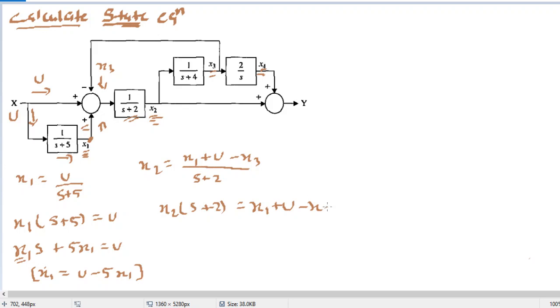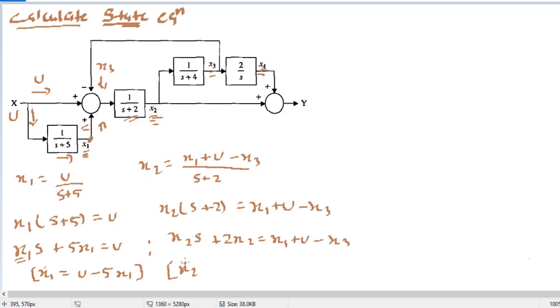Now we get the equation, and it becomes 2x2 equals x1 plus u minus x3, and this one becomes the differential equation of x2.